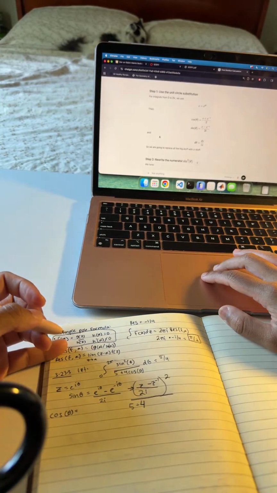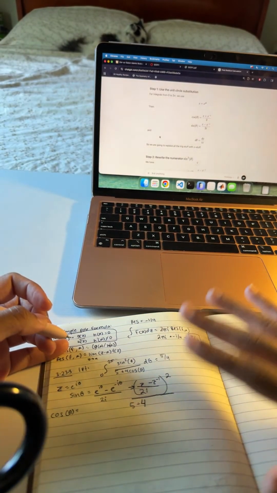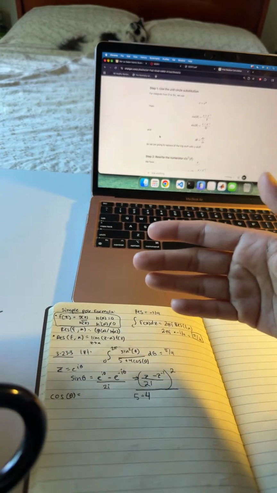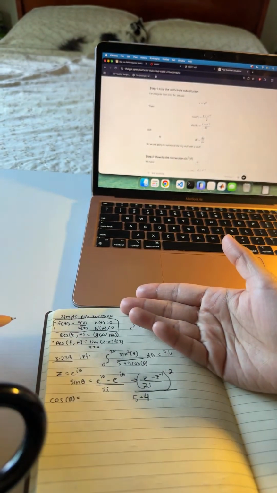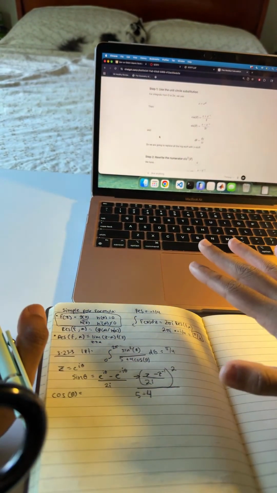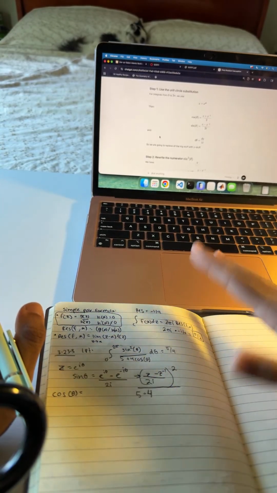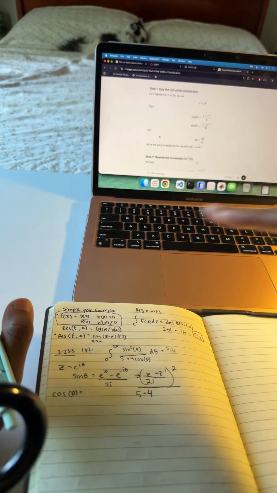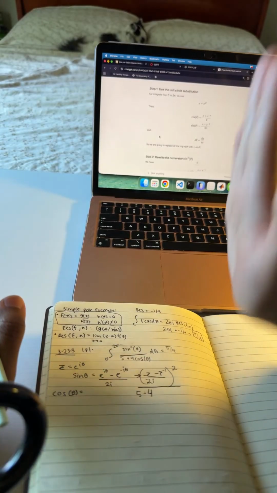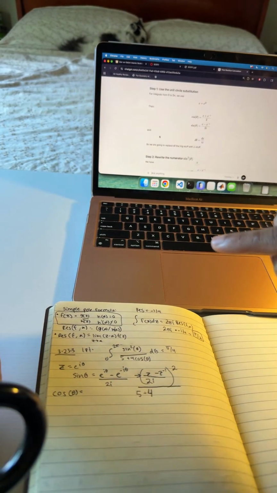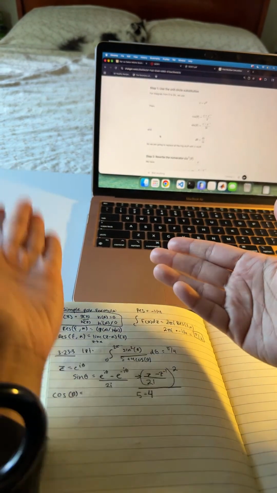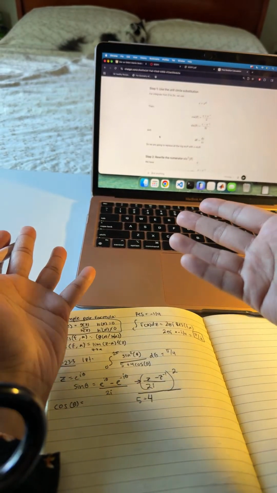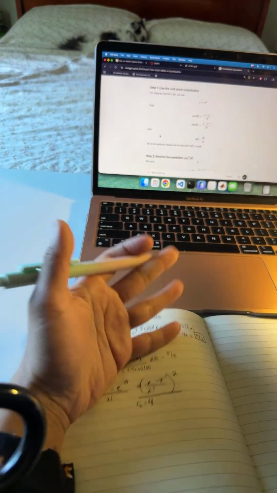Cosine theta is all that except the i. Because cosine is the real number. There's no imaginary part in the cosine. The real number is on this horizontal axis, the imaginary is on this one. So the i is only on here. The cosine is the x part of the z formula, z equals x plus iy.